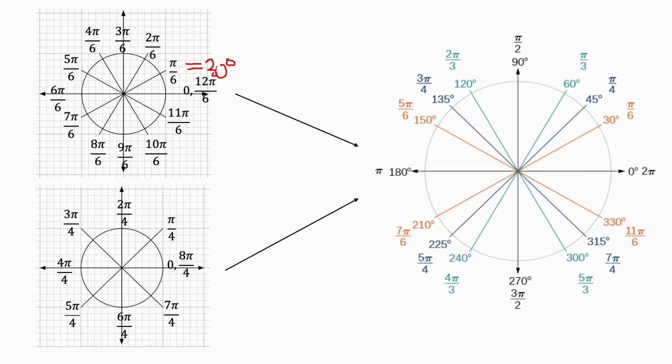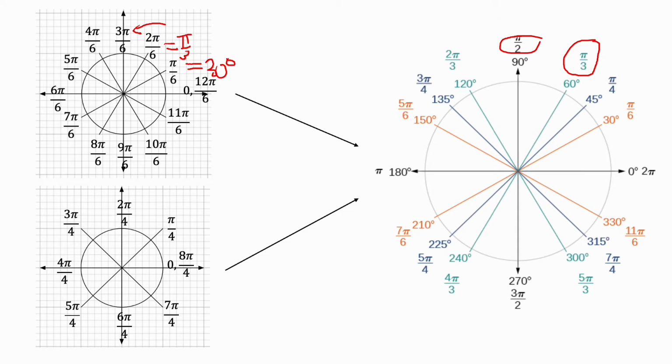But some of these simplify, and that's how we get the pi over 3 over here: if you simplify the fraction 2 pi over 6, you get pi over 3. So this is marching around by 30 degrees or pi over 6, and so are these. It's just that these are simplified. Even 3 pi over 6: 3 goes into 6 two times, that's where we get our pi over 2.